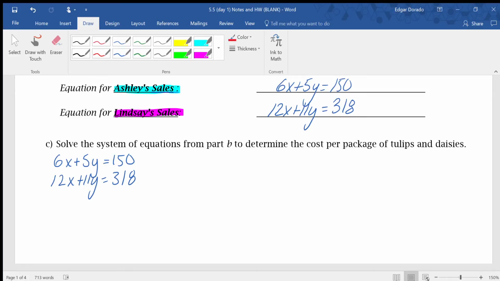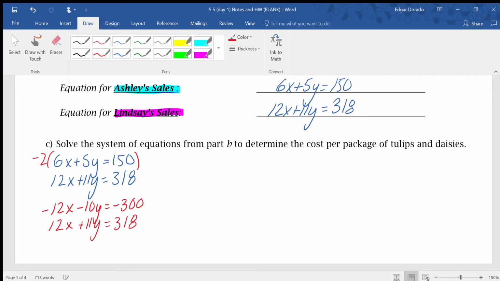And we said that we can turn that 6 into a negative 12 by multiplying everything by a negative 2. So what do we get? We should get a negative 12x minus 10y equals negative 300. And my bottom equation, no need to change it.